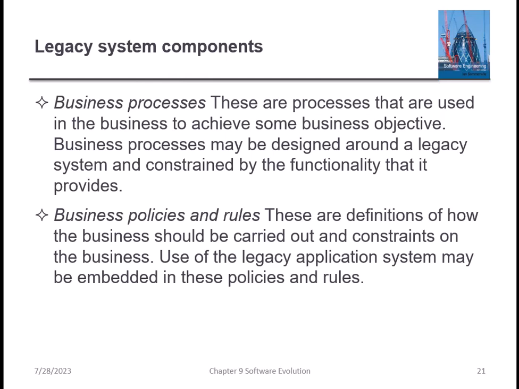Business policies and rules are the definitions of how the business should be carried out and constraints on the business. So policies and rules are actually the business constraints. The use of the legacy application system may be embedded in these policies and rules. So here you must understand that a legacy system does not only mean that the tool in which software was developed is no longer in use or not followed by companies.